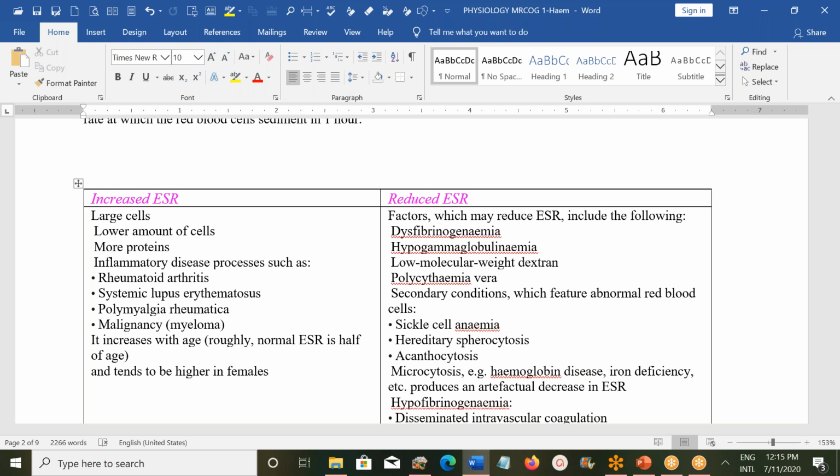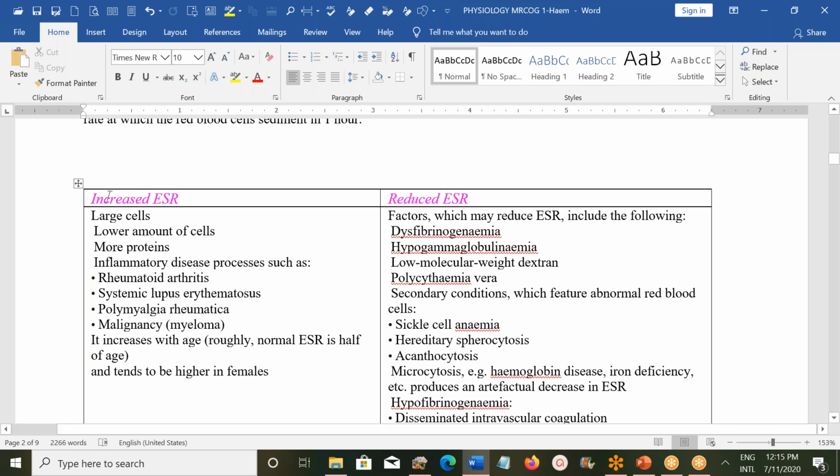So ESR increases with age. Roughly, ESR is equal to half of the age. Like if a person is 60, then we can roughly say that his ESR will be 30. ESR also tends to be higher in females.